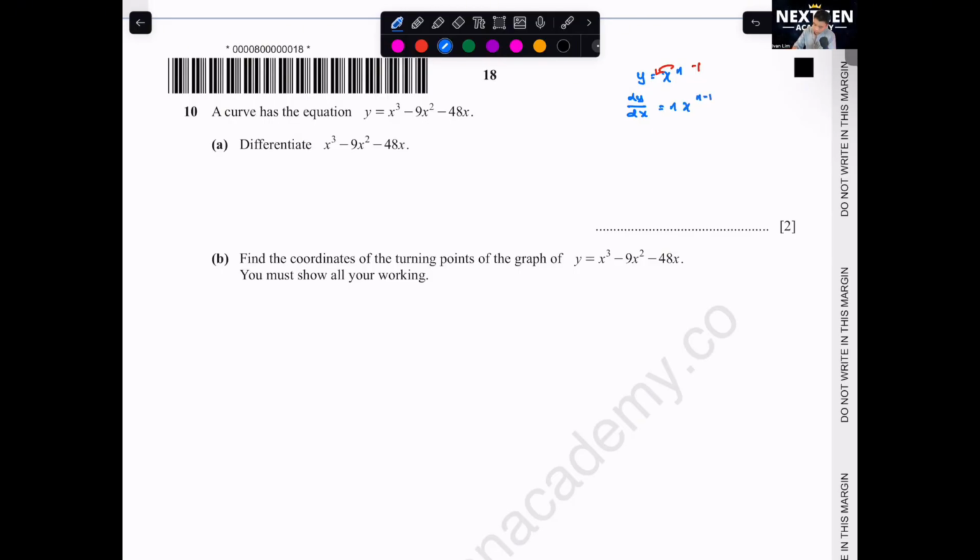We do this for every single term here. dy over dx will be 3x squared minus 9 times 2x to the power of 1 minus 48. If you have just x, it will just become 1. So 3x squared minus 18x minus 48.